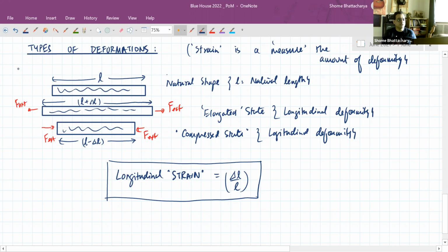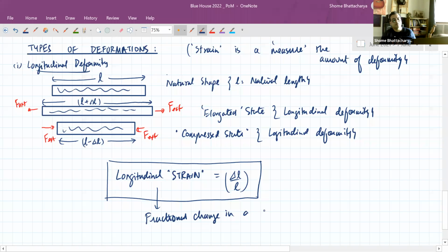So when we are talking about the first type of deformity, which is longitudinal deformity, then to measure this type of deformity, we have a term called longitudinal strain. How we define the longitudinal strain: it is the fractional change in length. In words, we will say it is the fractional change in length, and that is called the amount of longitudinal strain.